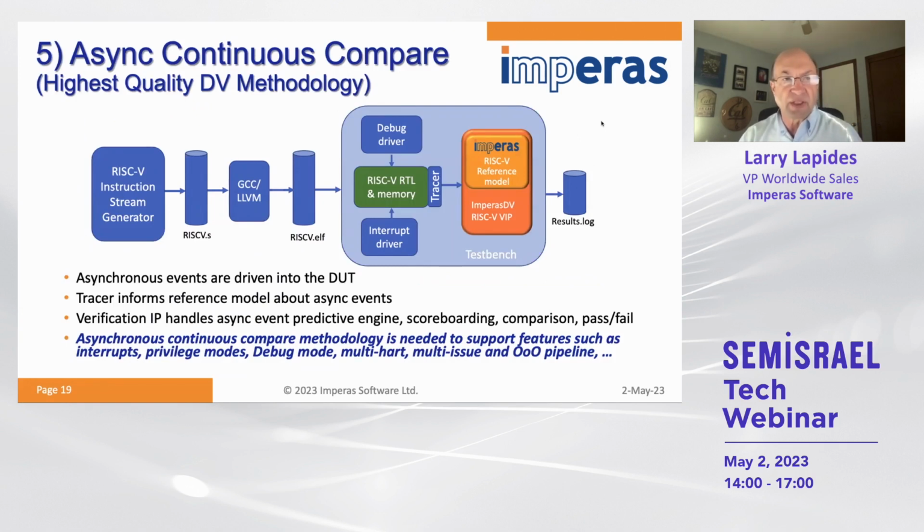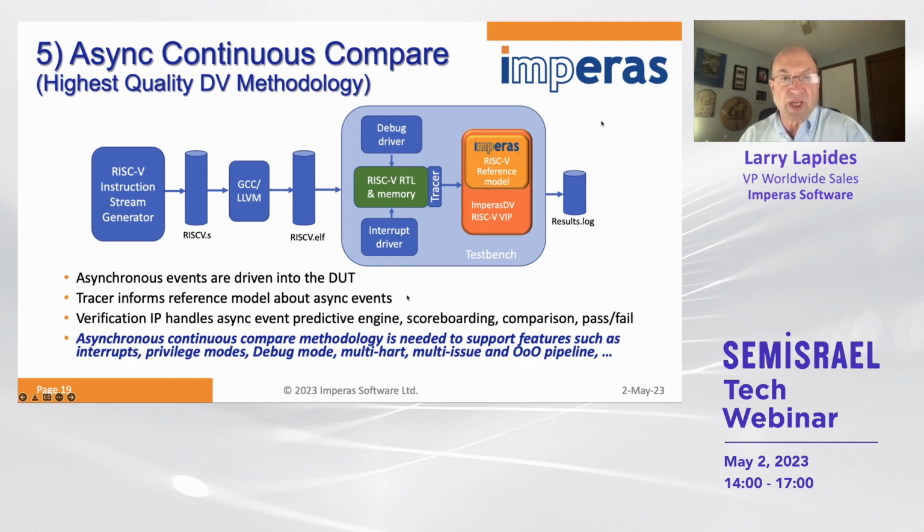The asynchronous continuous compare methodology looks a little bit different. Actually, this is a co-simulation methodology where the same tests are run effectively simultaneously in the RTL and then in the reference model. So here, asynchronous events are driven into the device under test. There's a tracer module here that's part of the RTL, which informs the reference model about these asynchronous events.